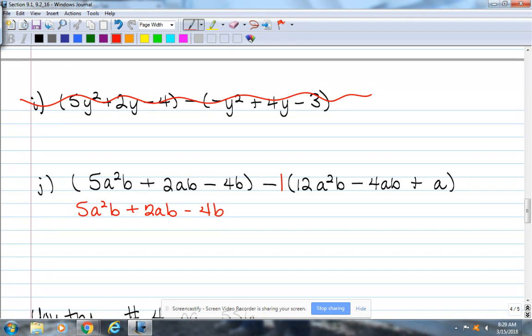And then what do we do with the second one? Change all the signs. So you'll tell me what I'm going to get when I change all my signs.